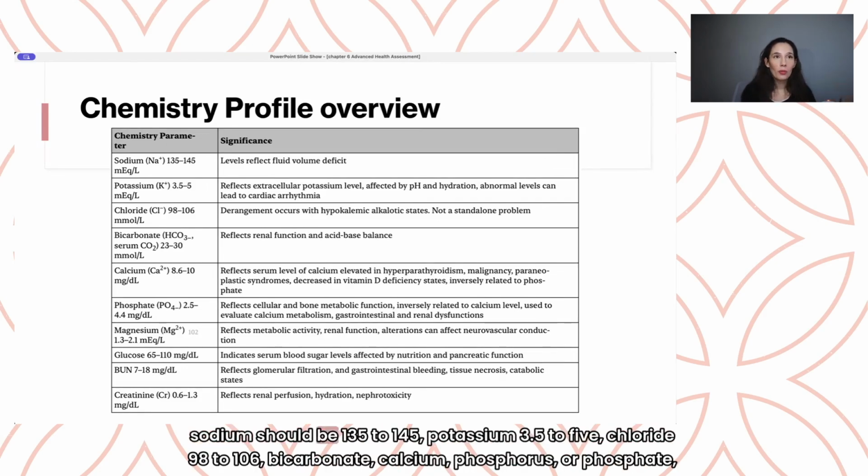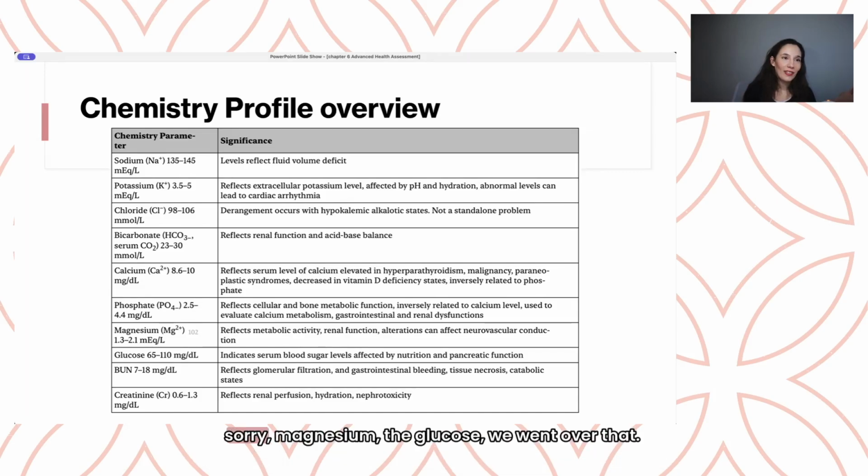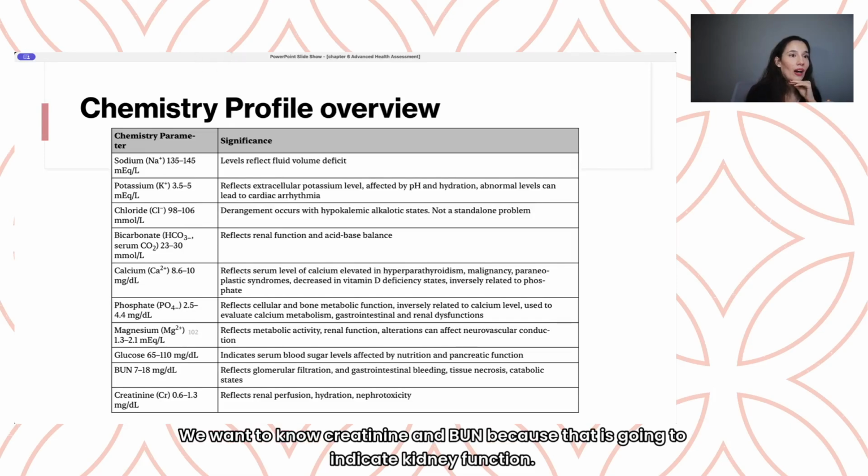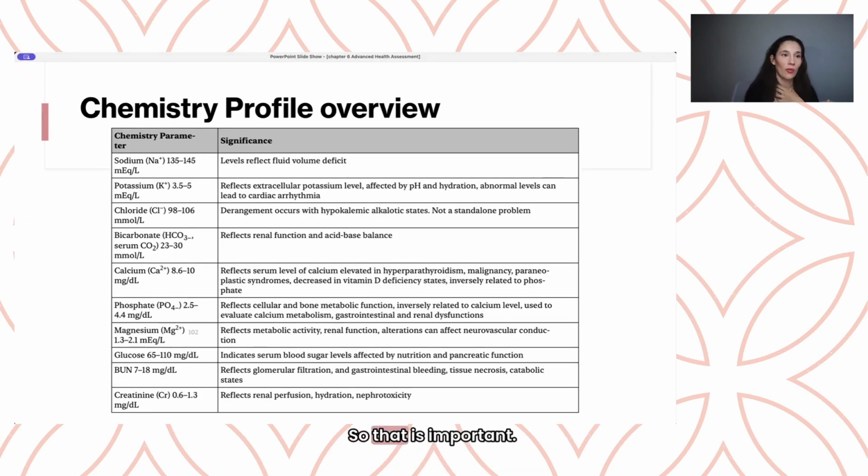So sodium should be 135 to 145, potassium 3.5 to 5, chloride 98 to 106, bicarbonate, calcium, phosphate, magnesium, the glucose, we went over that. BUN is 7 to 18, creatinine 0.6 to 1.3. We want to know creatinine and BUN because that is going to indicate kidney function. So that is important.